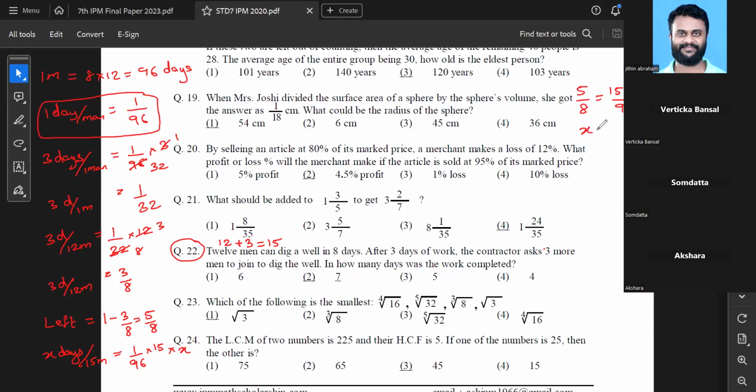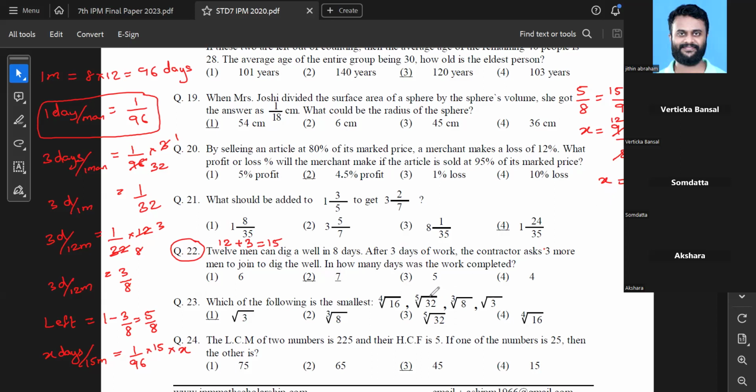That means x will be equal to, I'll take 96 to the other side, multiplied by 5 divided by 8 multiplied by 15. Now I know that 8 12s are 96. 5 ones are 5, 5 threes are 15. So I get the fraction to be 12 by 3. 12 by 3 is nothing but 4.